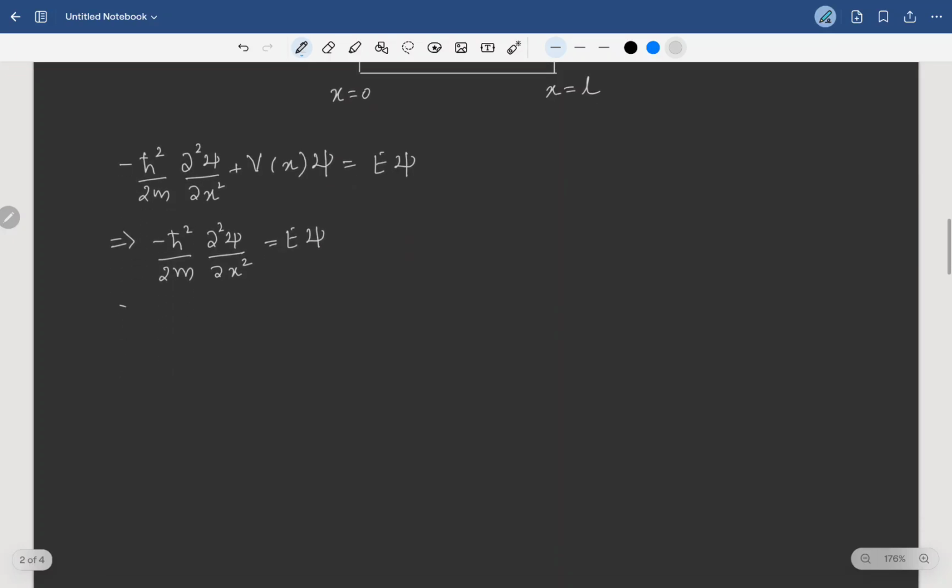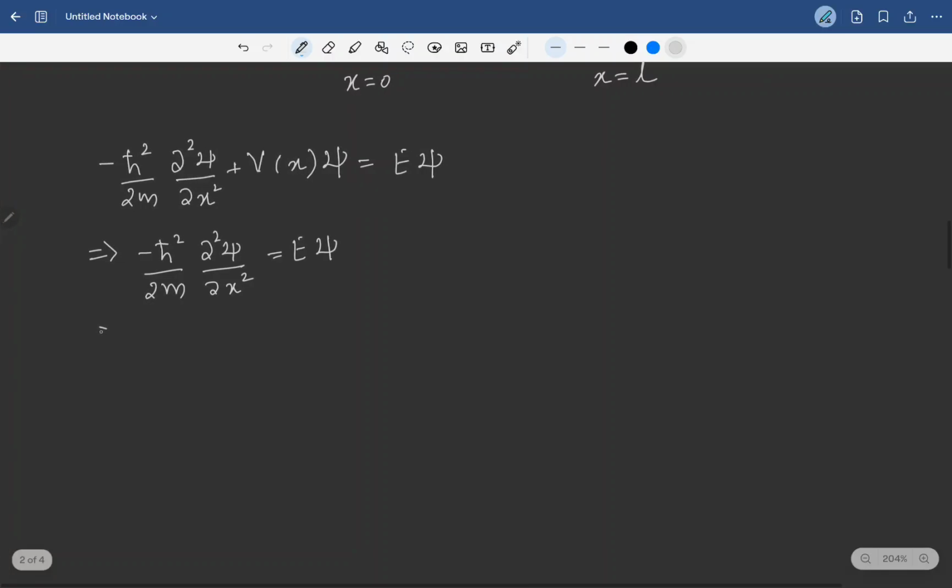So it implies h cut square by 2m into d square psi by dx square plus E psi is equal to 0.